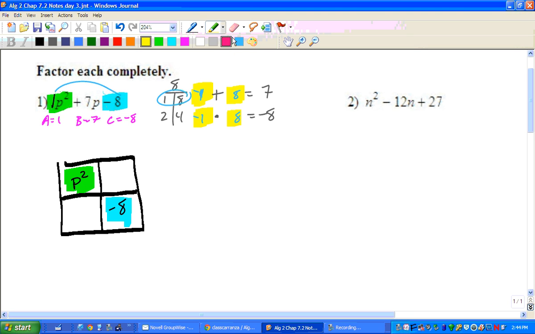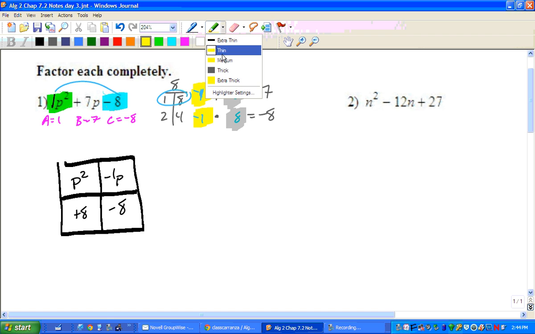And now my other numbers are going to go like this. It doesn't matter which one goes where, but this is just like splitting the middle term. The negative 1p and then the positive 8p. All right, so does that kind of make sense?